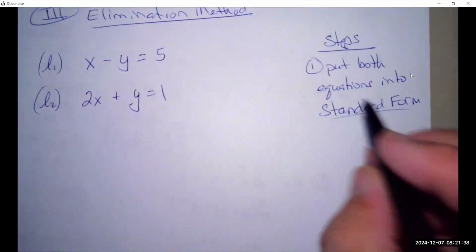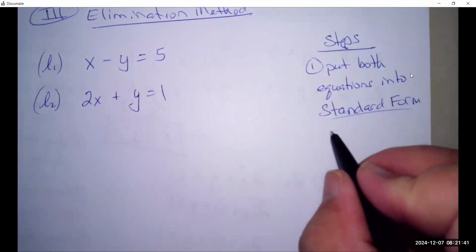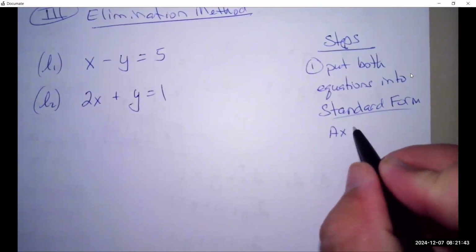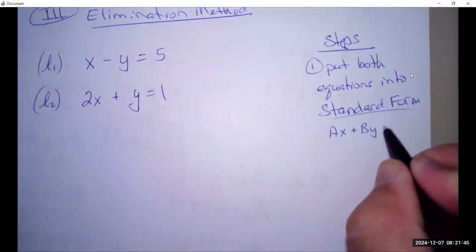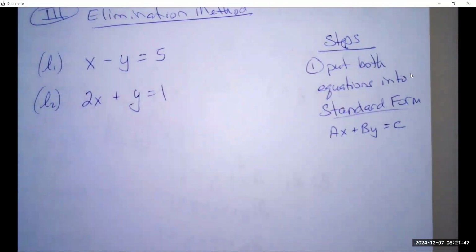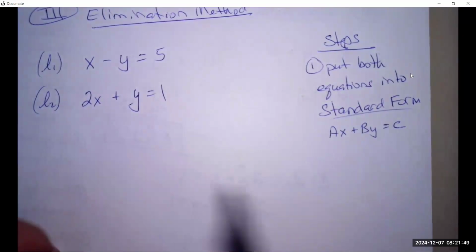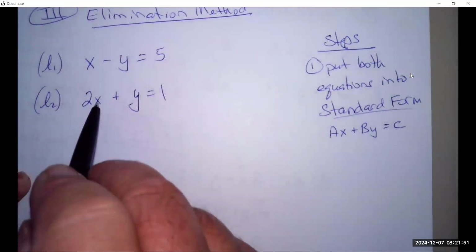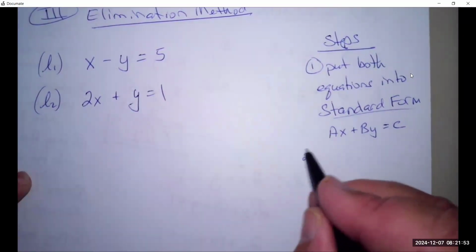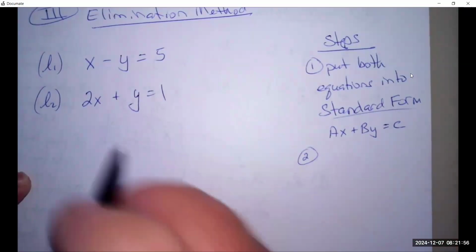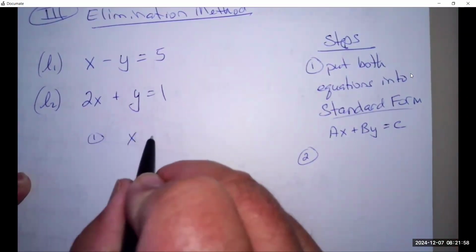Remember, standard form from chapter 1 or chapter 2 was you have the x's and y's on the same side. That's standard form. Check. They're both that way. So here's step 1. We have them both that way.